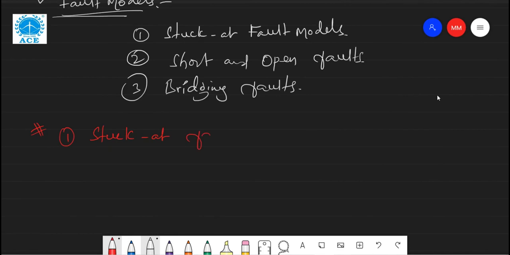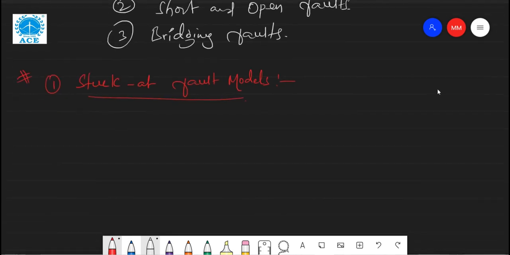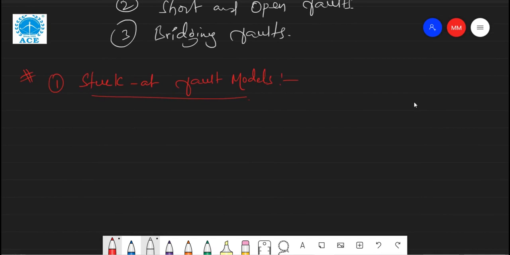Stuck at fault models, right. In these stuck at fault models we have stuck at 0 and stuck at 1. Let us see that.